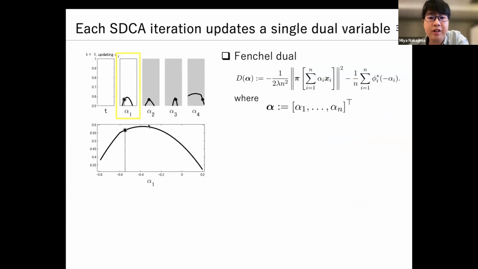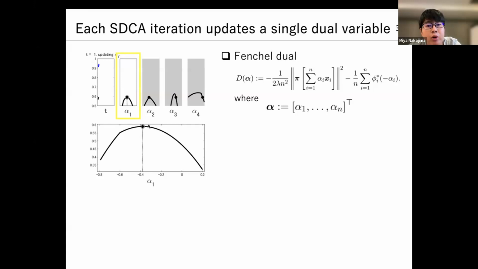For example, considering four examples, the dimension of the variable alpha is 4, since its dimension is the number of examples. This panel plots the Fenchel dual D of alpha against alpha 1 with the remaining dual variables alpha 2, alpha 3, and alpha 4 fixed. The panel below is an enlarged view of this panel.